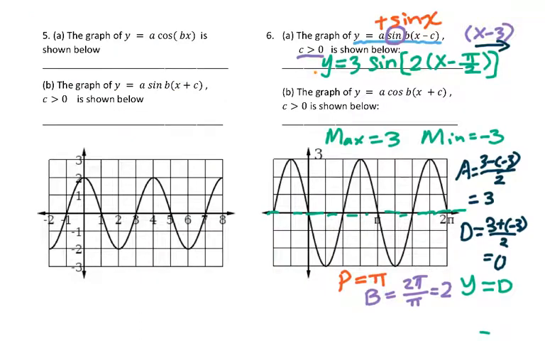Now let's go to B. The graph of y equals a cosine b x plus c. Since a, b, d are the same, we need to figure out the c. C is positive, but they're doing x plus a positive number. Let's think about x plus 2. How do you do the transformation for x plus 2?